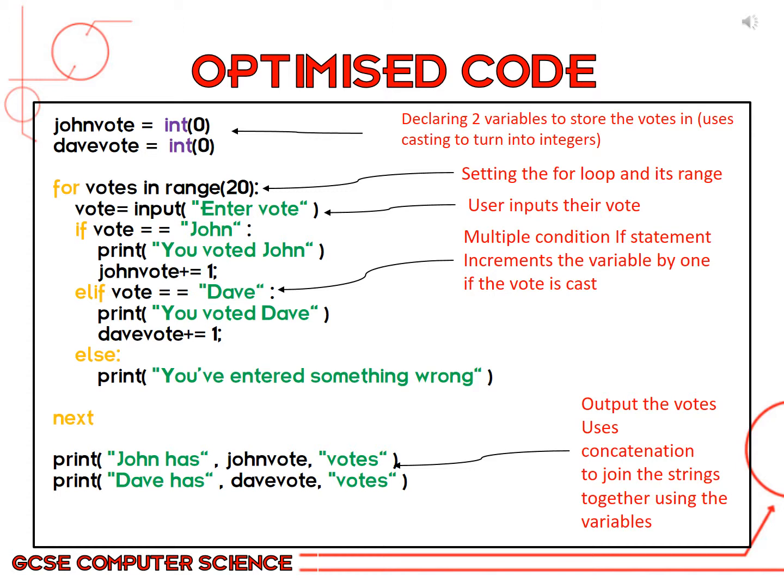So the program will jump right back up to the start again and ask them to vote. At the end of the loop, so when the loop has run its course and done 20 times, it will then tell you what the total amount of votes are at the end. We've put some concatenation in there so that we can say John has put a variable in and put votes at the end, so it makes a full proper sentence.